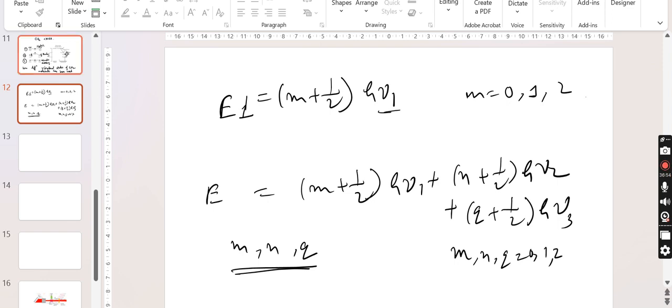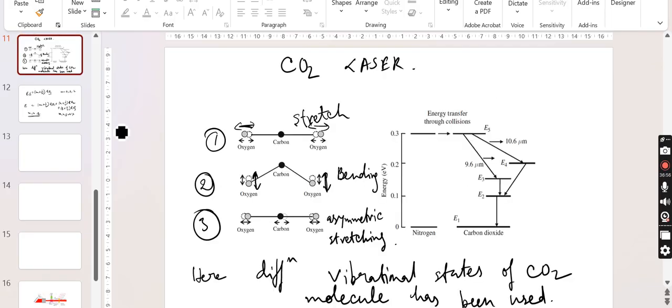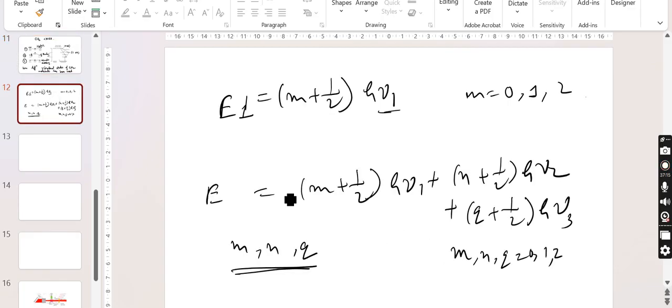So the laser transition here occurs between E5 to E4, that is 10.6 micrometer. This occurs between 001 to 100. So basically, it's between when m is 0, n is 0, and q is there.